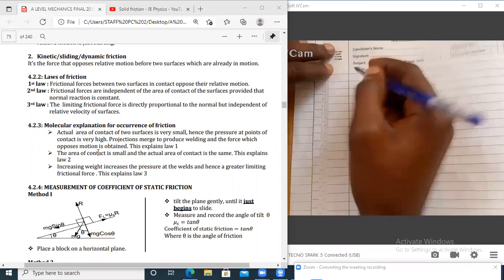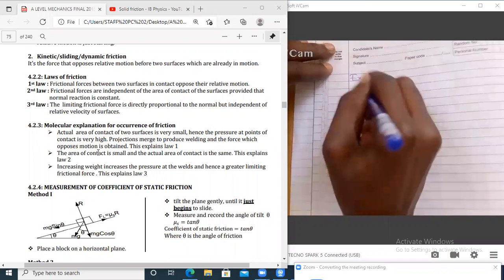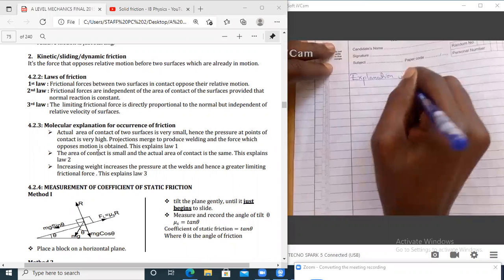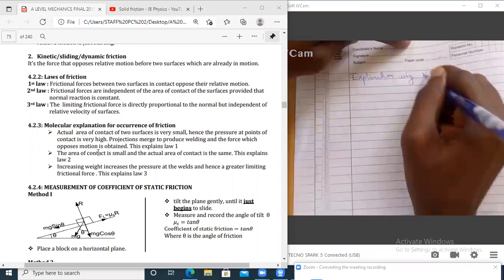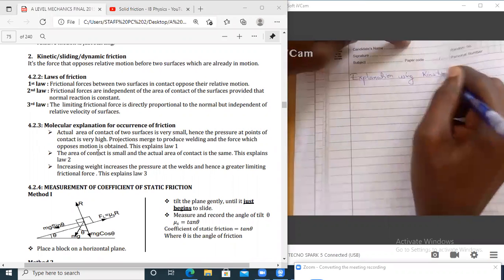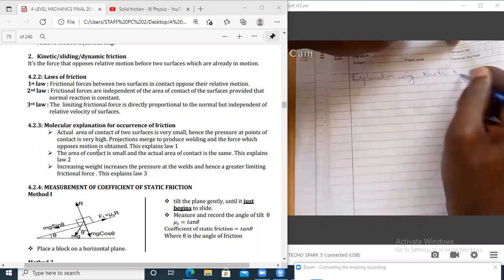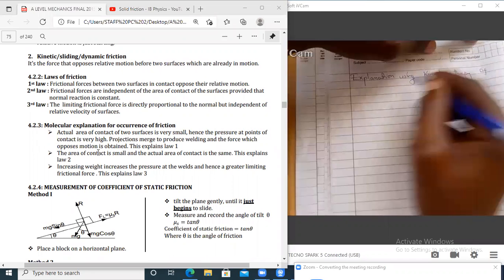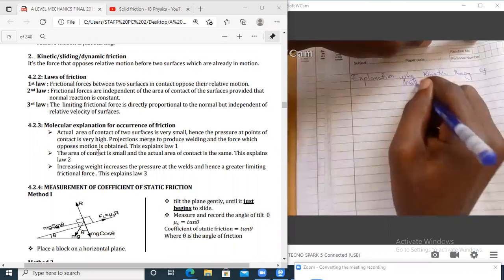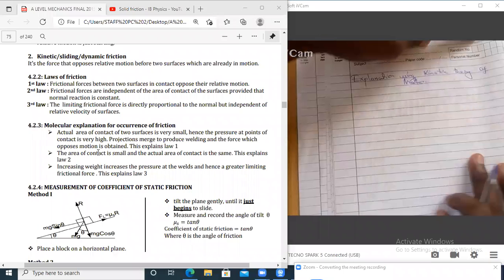Explanation using kinetic theory of matter. Explanation using kinetic theory of what? Matter.